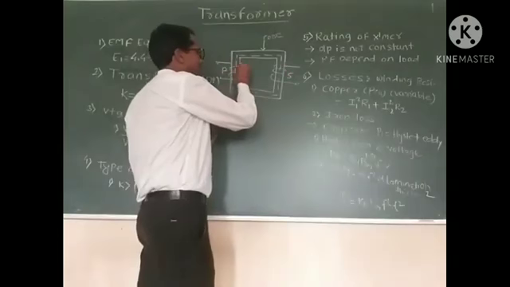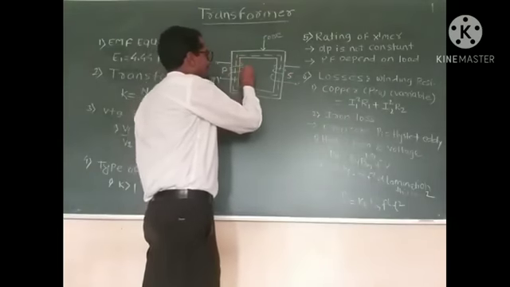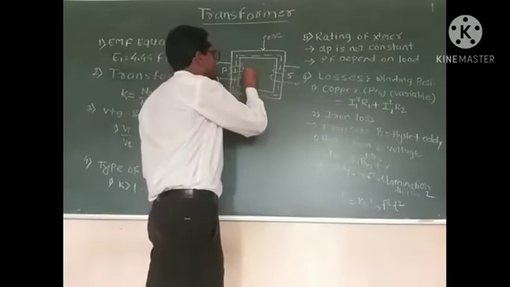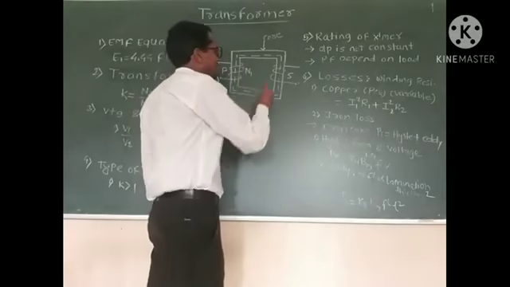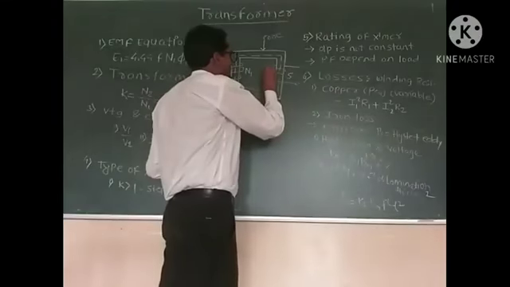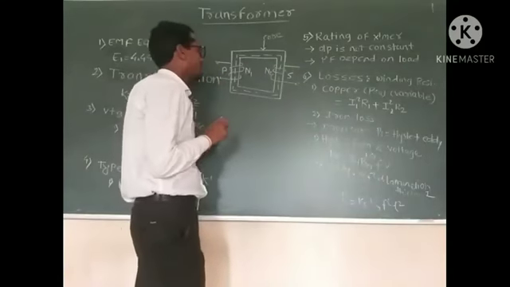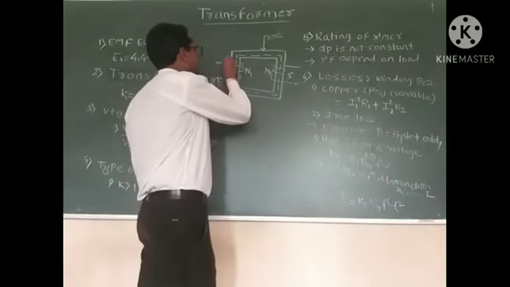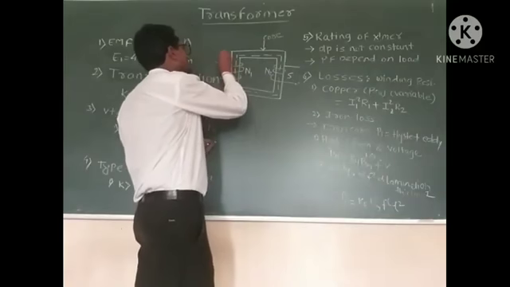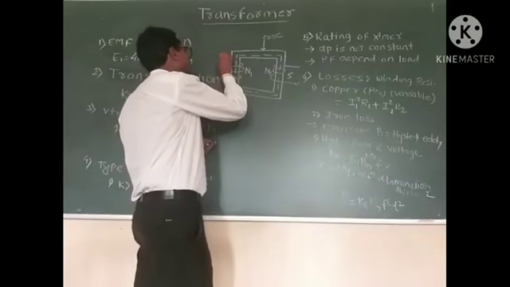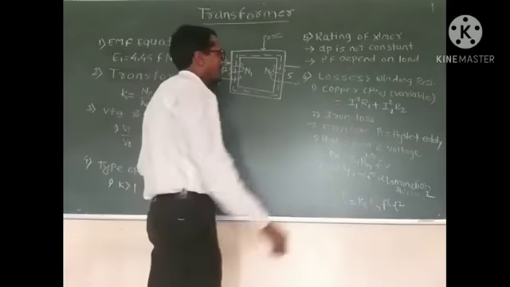These are the numbers of turns of the primary winding, so we give the name N1, and we give the name N2 for the number of turns of the secondary winding. After that, the current passing through the primary winding is called I1.